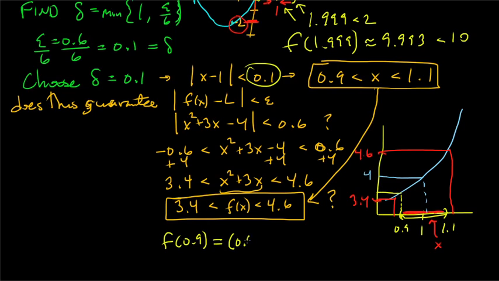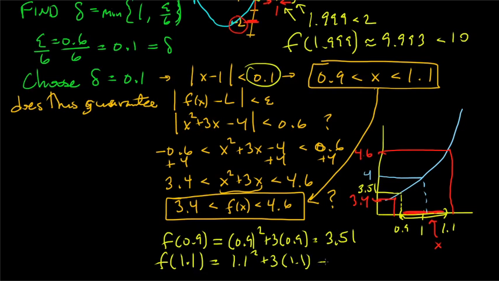So 0.9 squared plus 3 times 0.9, what is that? Sorry, calculator. I think it's 3.51. So that's certainly bigger than 3.4. And even if I pick 1.1, so 1.1 squared plus 3 times 1.1, that's going to be 4.51. And that's less than 4.6.